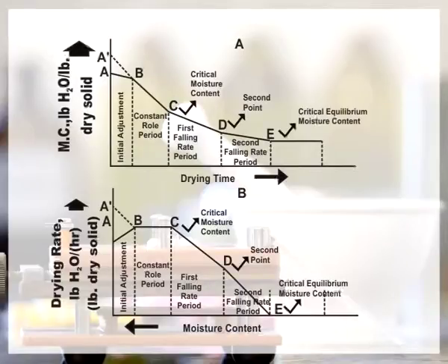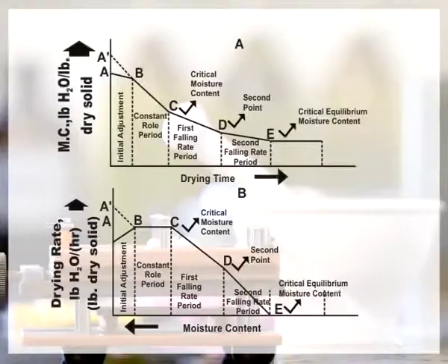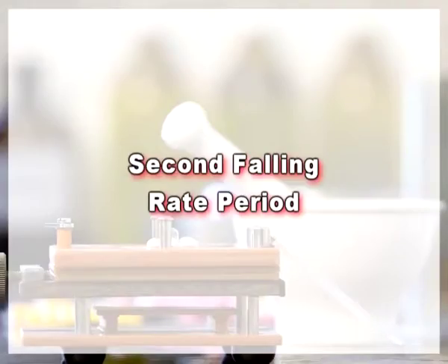During this period, surface water is no longer replaced at a rate fast enough to maintain a continuous film on the surface. Dry spots begin to appear and the rate of drying begins to fall off. The point is referred to as the second critical point. Point C is the critical moisture content and point D is the second critical point, and in this phase the drying rate decreases.